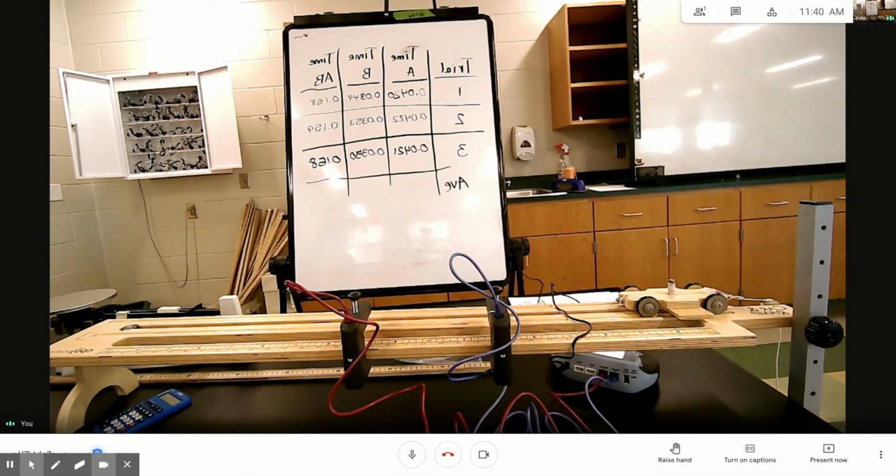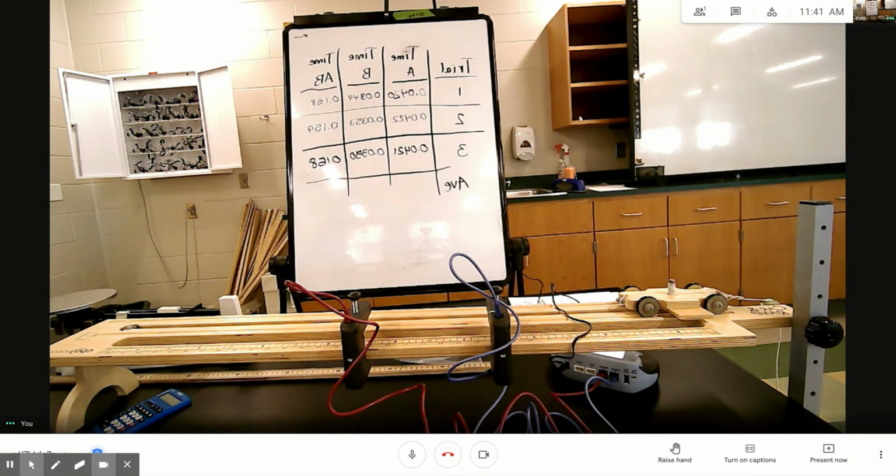So if your answer falls outside of that range, check your work to make sure that you did it all correctly. And then if you're still not getting it, then send me an email. I'll see what I can find out for you. But it should be in that range.